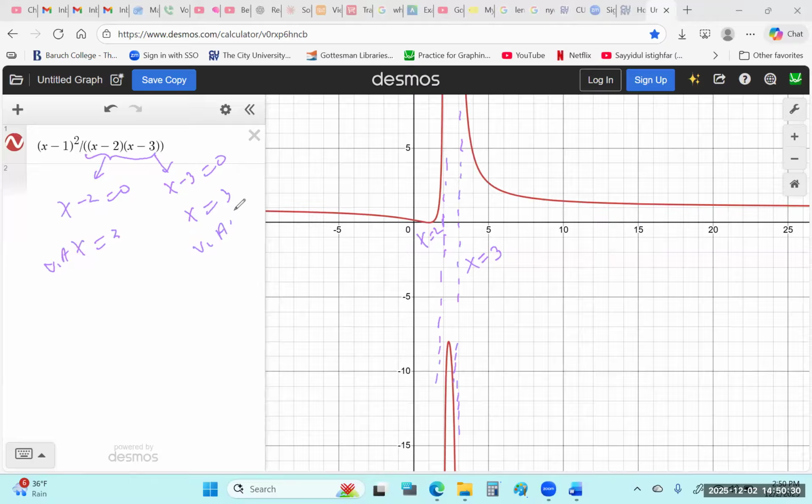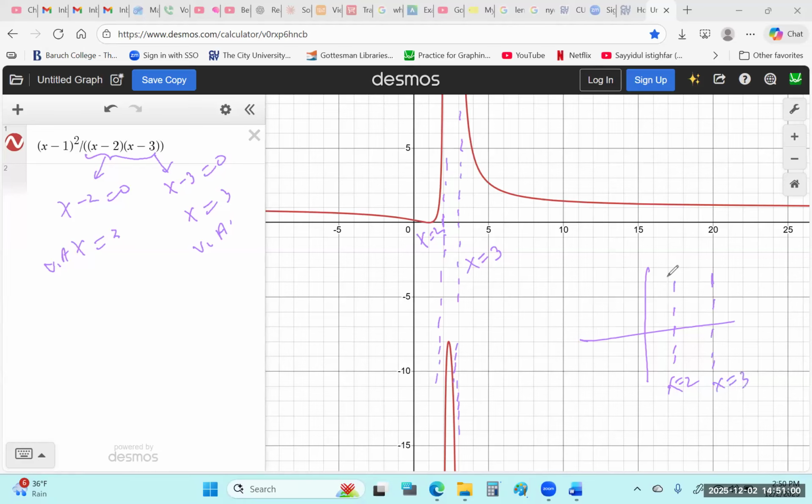A vertical asymptote is a vertical line that you cannot cross. So your graph has to be on either side of the vertical asymptote. So for example here, this is x equals 2, and let's say this is x equals 3.